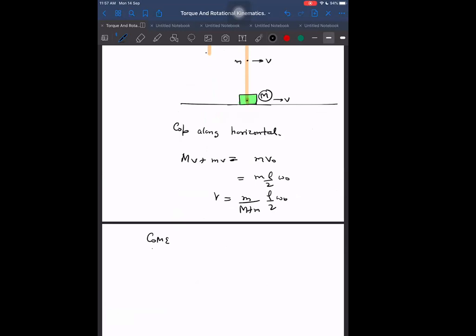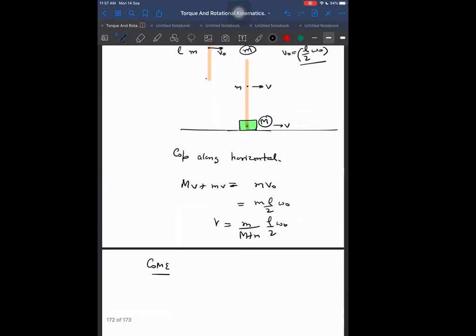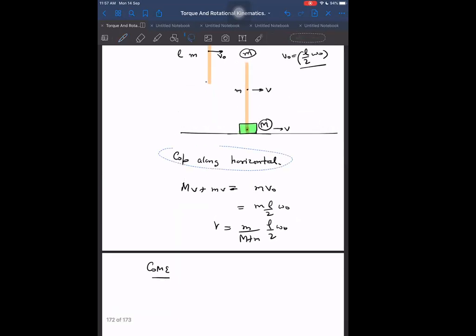Can we apply COME? By conservation of mechanical energy, we can write, let me write here only. You write, by that time I am arranging this, you please do it, finish it.